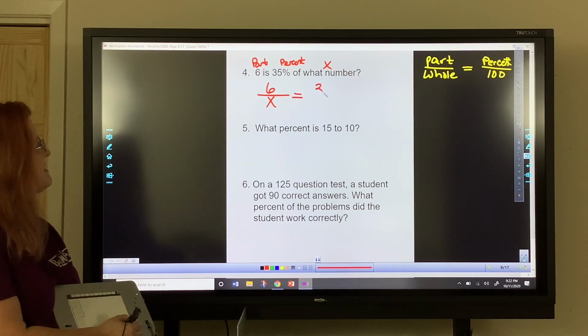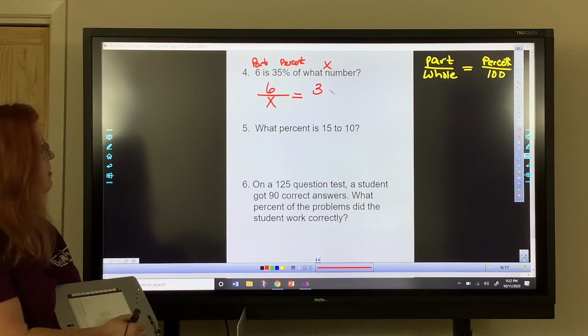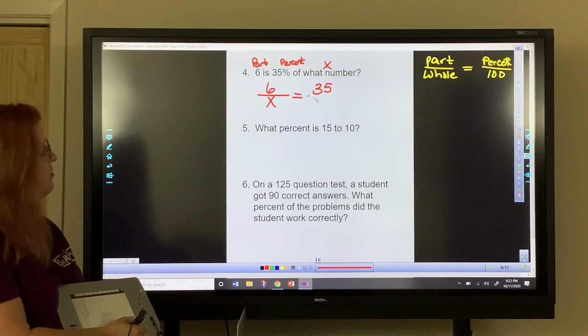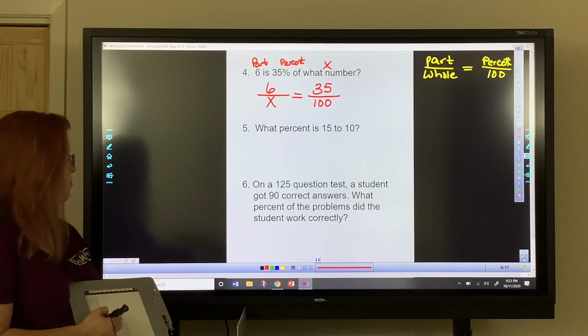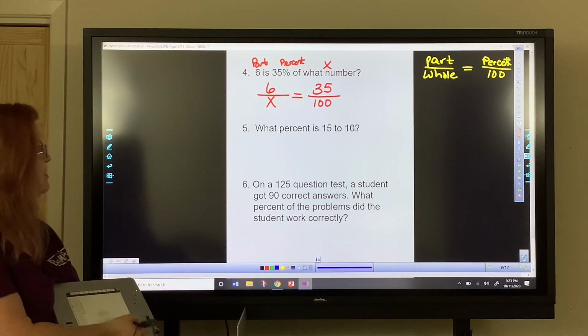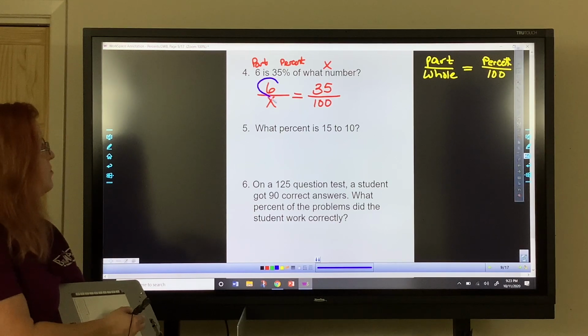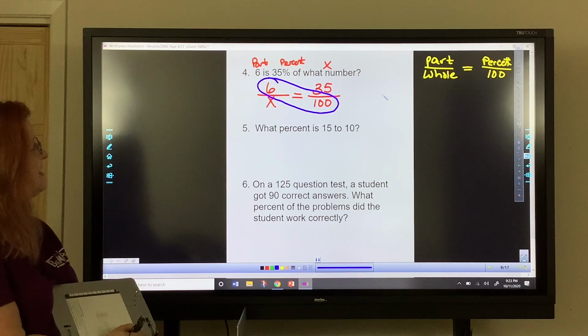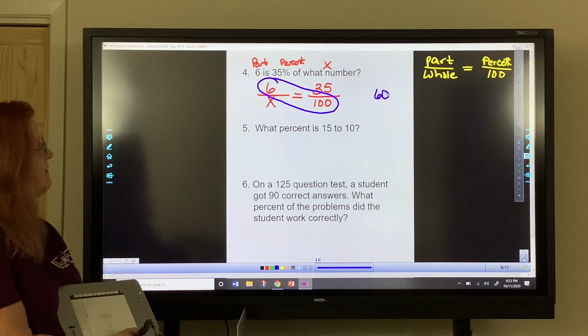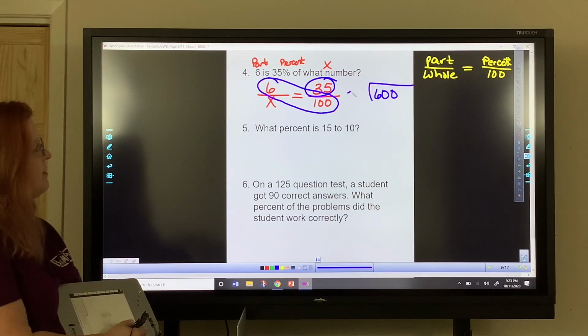My percent is 35 over 100. Okay. Multiply the two numbers that are together. Cross products. 6 times 100 is 600. Divide by the number with the variable. So divide by 35.